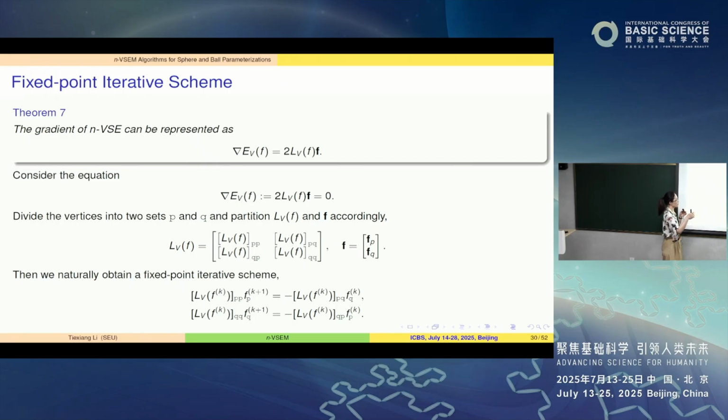If we have FP, then we can use this equation to solve FQ. So it means we can construct a fixed point iteration scheme, right? It's easy to get this iteration scheme.